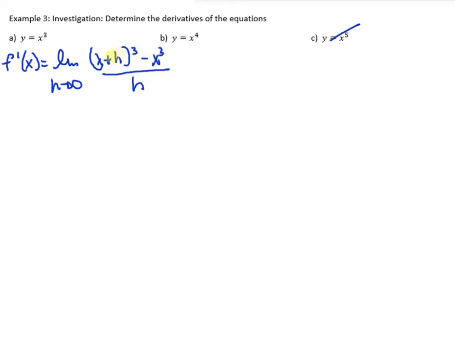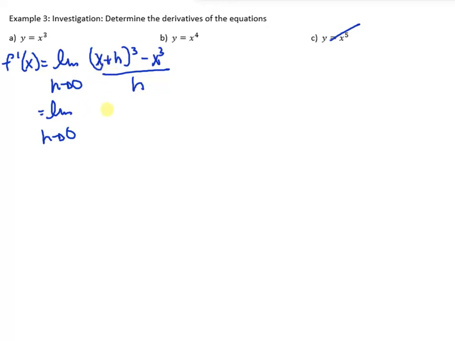So let's actually investigate x cubed, x to the 4, and we probably won't get around to doing x to the 5, but you can do that independently. So if we have f prime at x equals the limit as h approaches 0, we have x plus h cubed minus x cubed. Let's actually expand x plus h cubed. Thinking back to grade 11, I'm not going to do this by foiling.